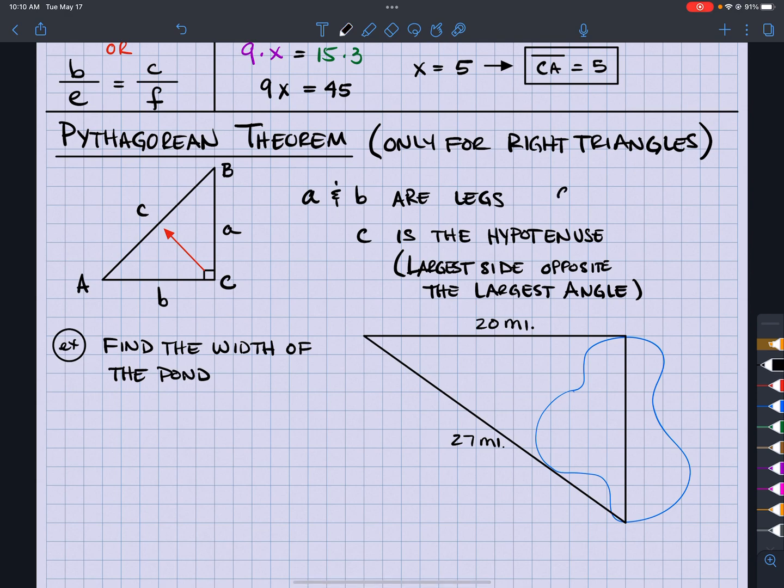That's right, A squared plus B squared is equal to C squared. Now notice that the hypotenuse is all by itself on one side in this equation.